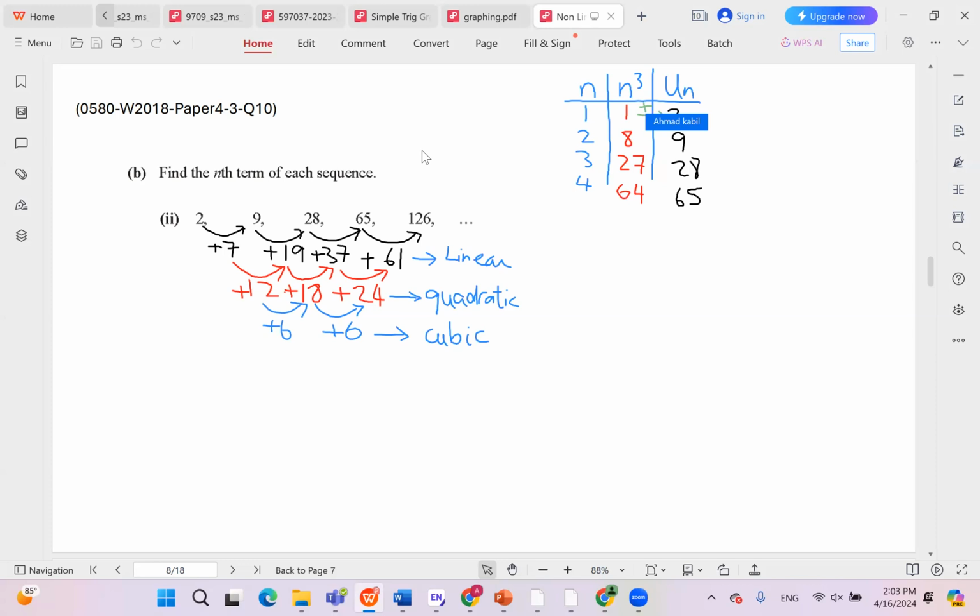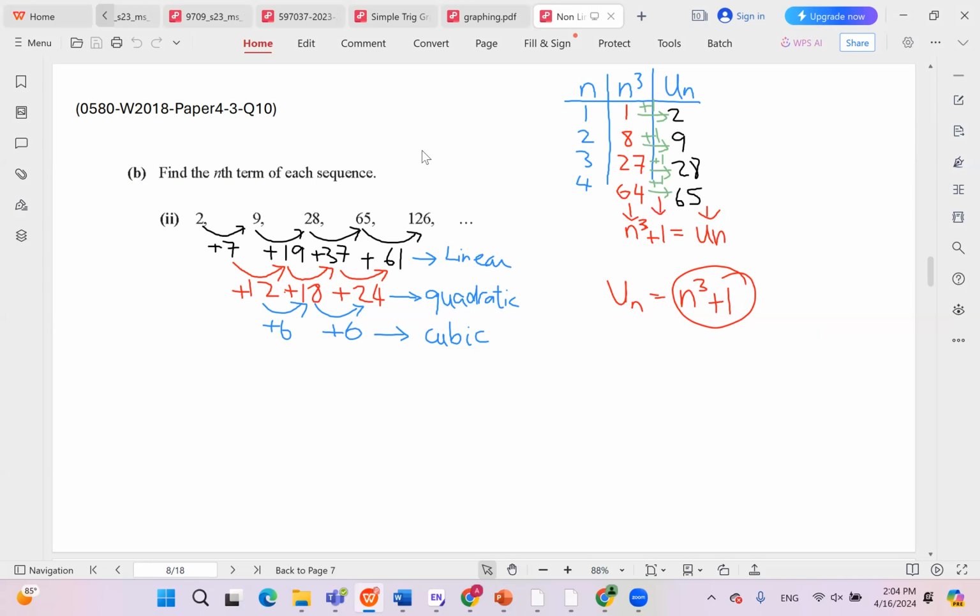It's always going to be plus 1, plus 1, plus 1. All of them are plus 1. So to get un, all we have to do is write n power 3, and then plus 1 equals un. So therefore, un can be written as n power 3 plus 1. And this is your final answer.